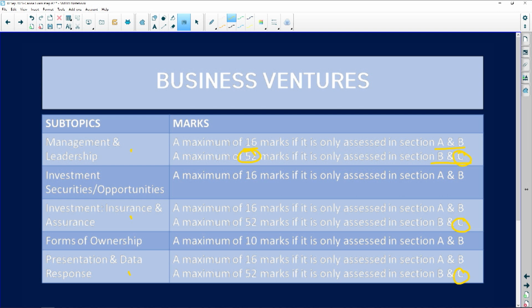Also note that investment, security opportunities, and forms of ownership can only be assessed in section A and B, section A being your short questions and B being your slightly longer answers, your explain and the likes. So, forms of ownership, no essay. Investment, security opportunities, no essay.